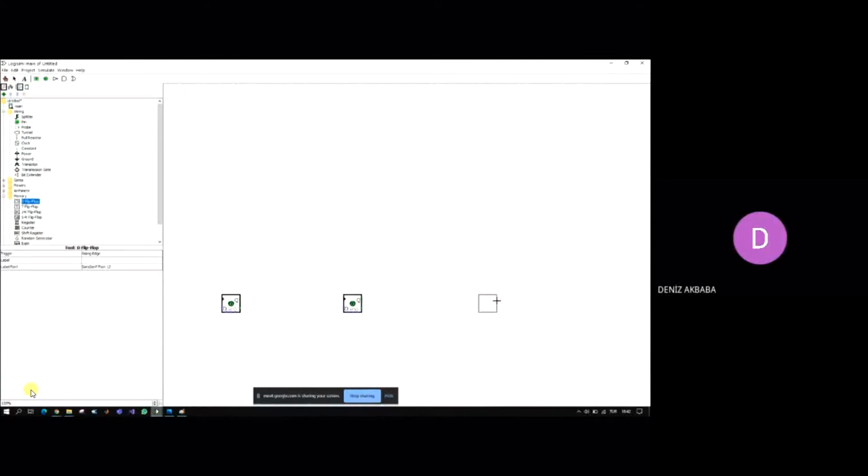We need 4. We will use one for Y, but actually we can use it for the output as well. I will explain why we should use 4 flip-flops. And we need to add clocks.